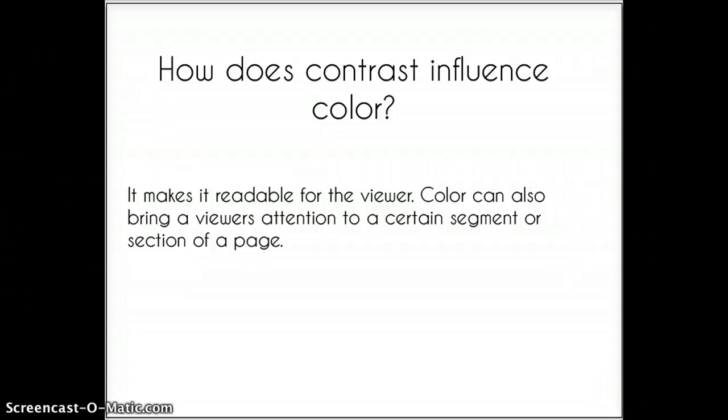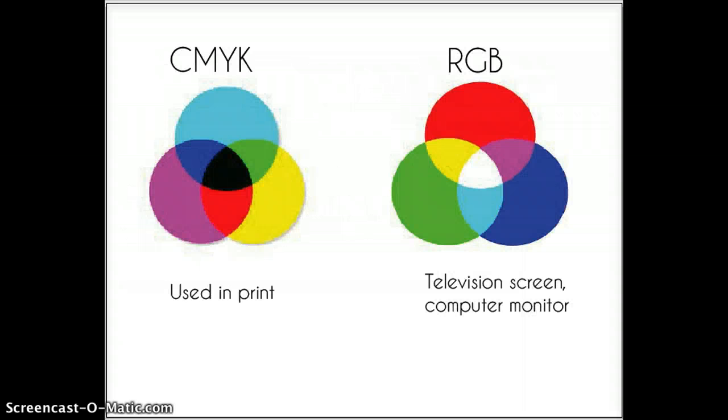Okay, so now we are going to talk about the differences between CMYK and RGB. CMYK is cyan, magenta, yellow, and key black. These colors are mostly used in print. So for printers, if you want to get something printed, these are the primary colors that are going to be used in this medium.